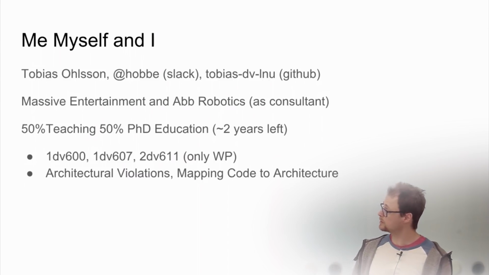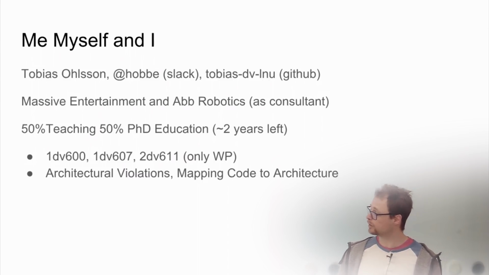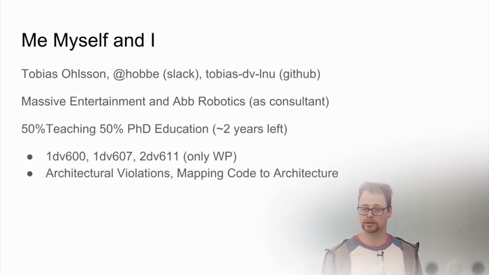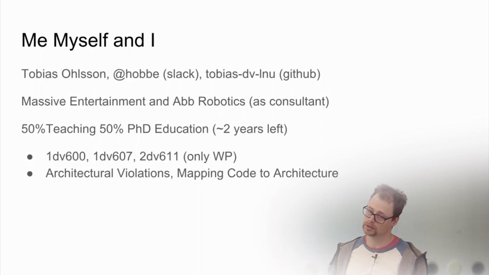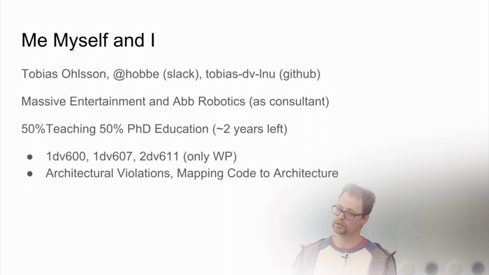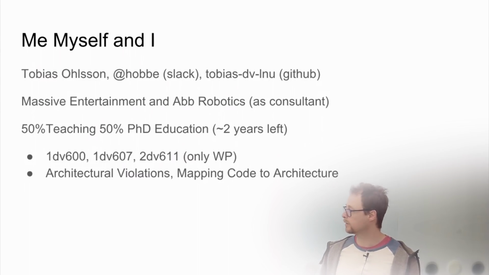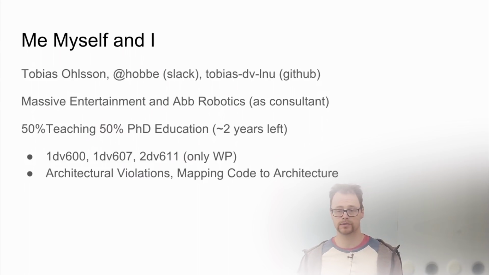My research is about software architecture, and I'm particularly interested in finding where the implementation does not conform to the intended architecture anymore. So when you do a software system, you often have some kind of idea of how you would like to divide it, and you kind of like draw a diagram maybe for this, and you have some boxes, and you have some arrows between these boxes that tell you that this stuff in this box can talk to stuff in this box.